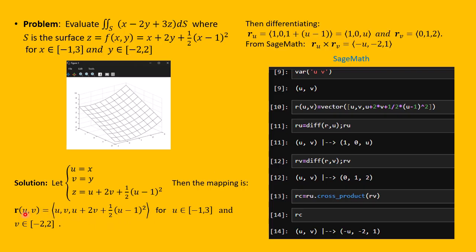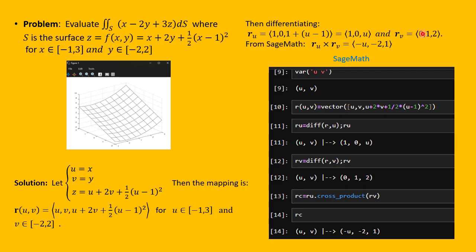If we differentiate r with respect to v, the first component differentiated with respect to v is 0, as we have up here. The second component differentiated with respect to v is 1, which we have right here. And when you differentiate the third vector component with respect to v, you're just going to get 2.